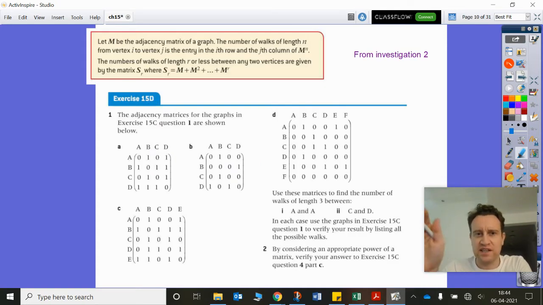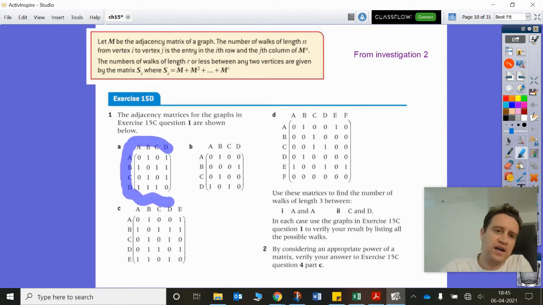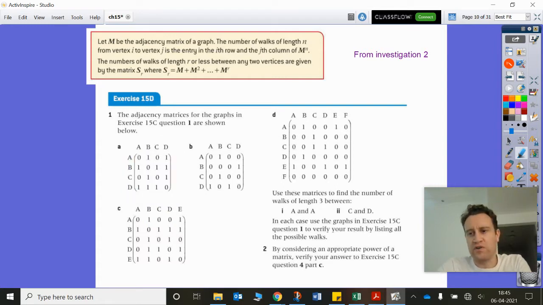Now, there's an investigation before 15D, which you can have a go at, depending on the amount of time that you have available. Otherwise, you can go with this result. This result is pretty good, and it's talking about transition matrices. So it's saying that if you applied this twice, then you would get the number of routes that were possible.